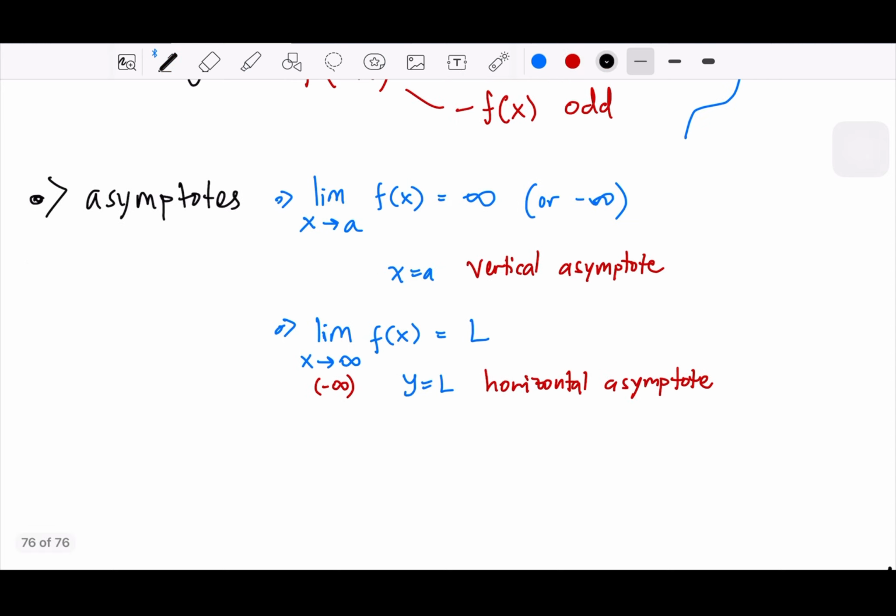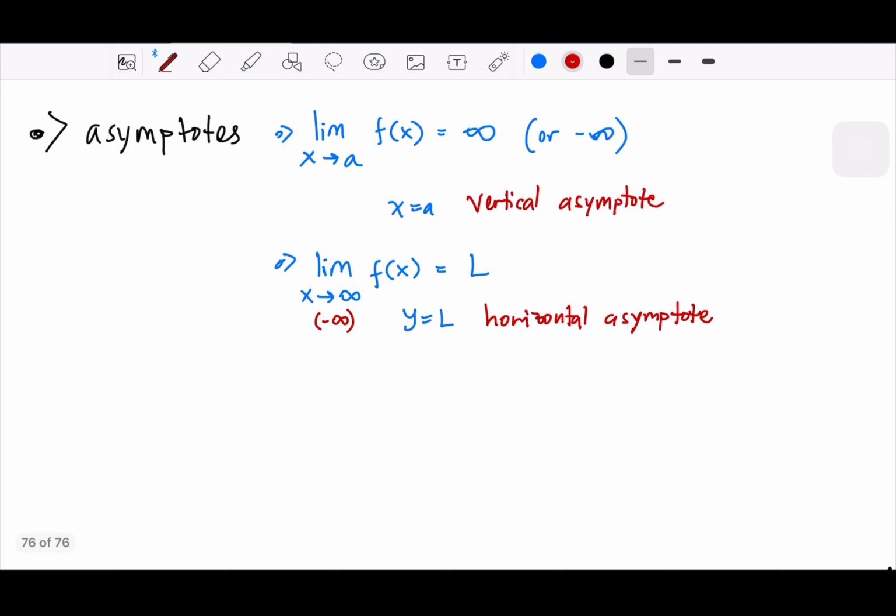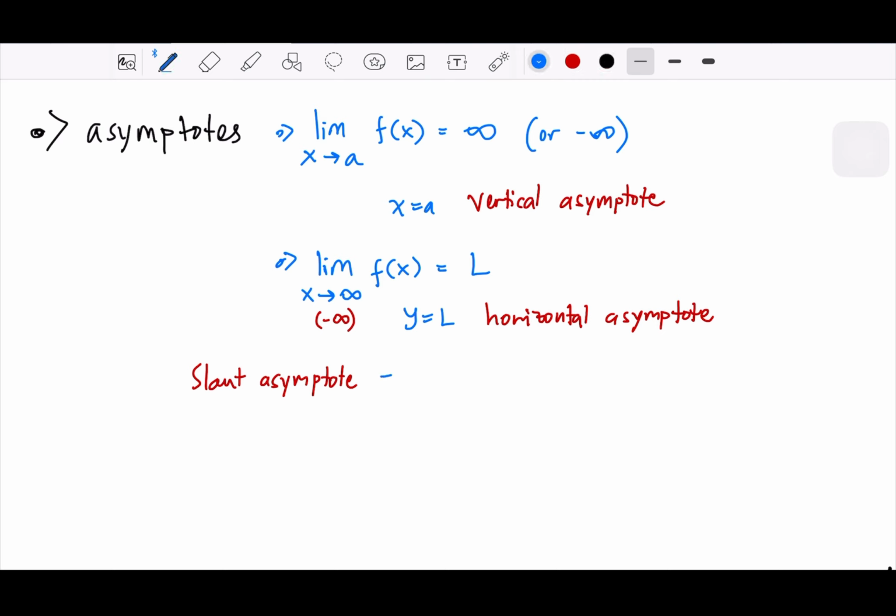So aside from the known vertical asymptote and horizontal asymptote, we might have another asymptote we call the slant asymptote. The slant asymptote is not vertical, it's not horizontal, it is just a regular linear equation.